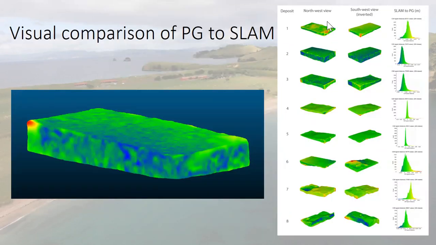So this is a visual comparison between the photogrammetry and the SLAM models. What you're seeing on screen is the photogrammetry model with the difference to the SLAM presented as color. Basically, green is where you've got more of an agreement, and red and blue are basically a disagreement between the two models, away or overlap. You can see that the main discrepancies are coming at the corners and the edges.